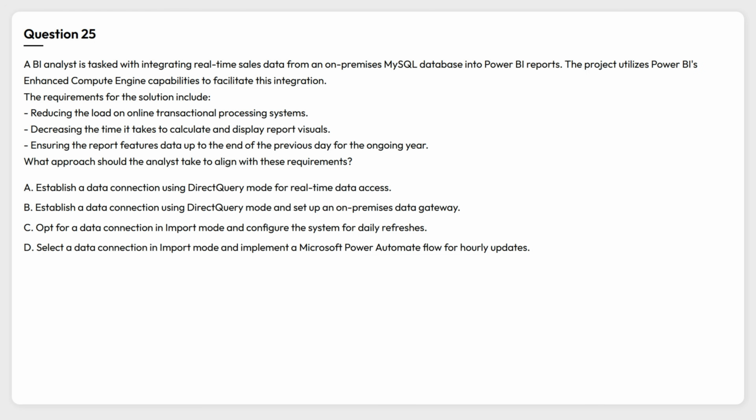Option C. Opt for a data connection in import mode and configure the system for daily refreshes. Option D. Select a data connection in import mode and implement a Microsoft Power Automate flow for hourly updates.